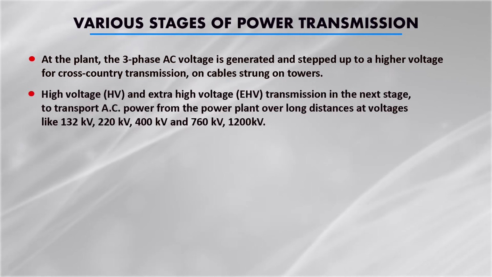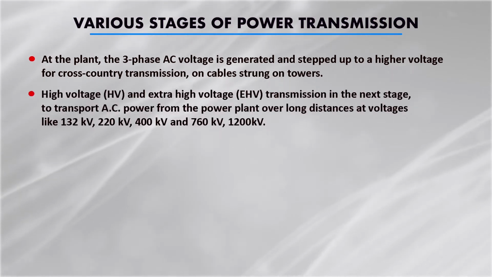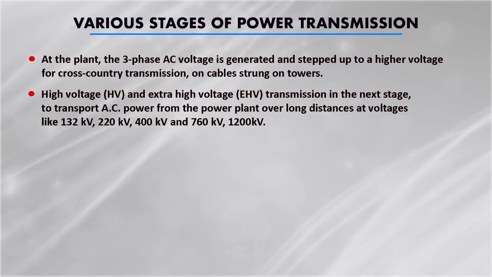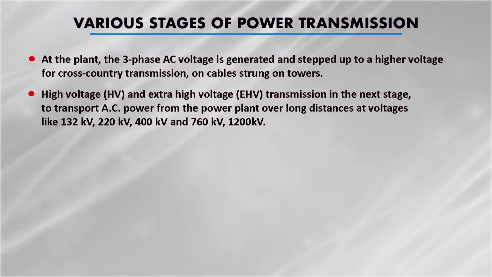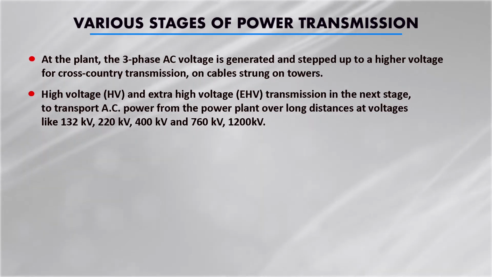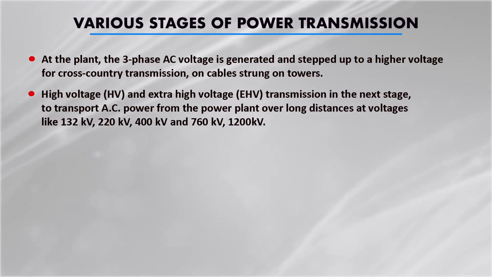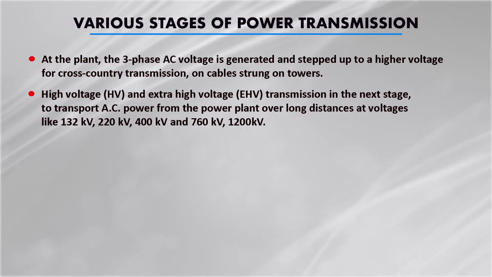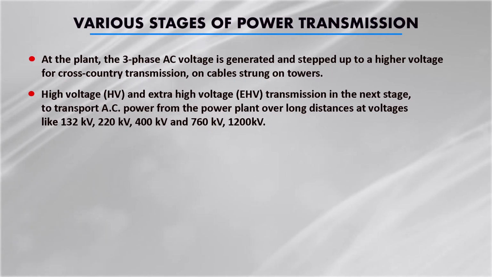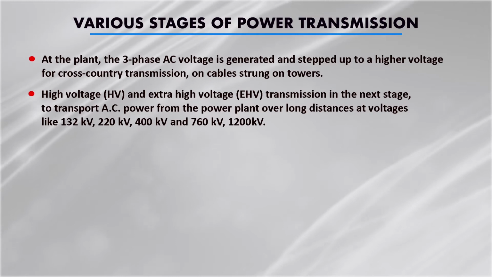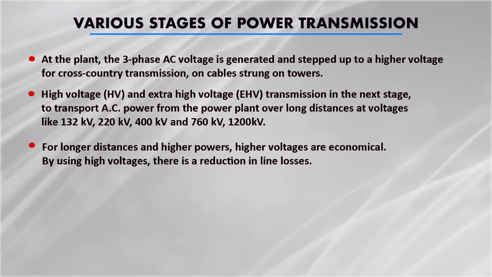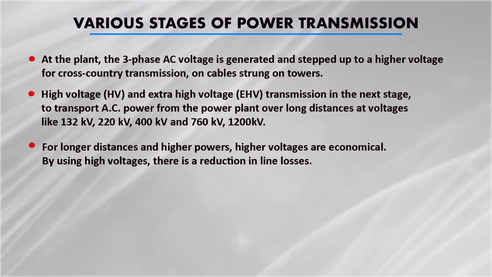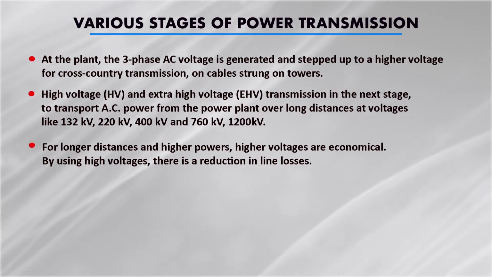In the next stage, high voltage and extra high voltage transmission transports this AC power from the power plant over long distances at voltages like 132 kilovolt, 220 kilovolt, 400 kilovolt, 760 kilovolt. For longer distances and higher powers, higher voltages are economical.